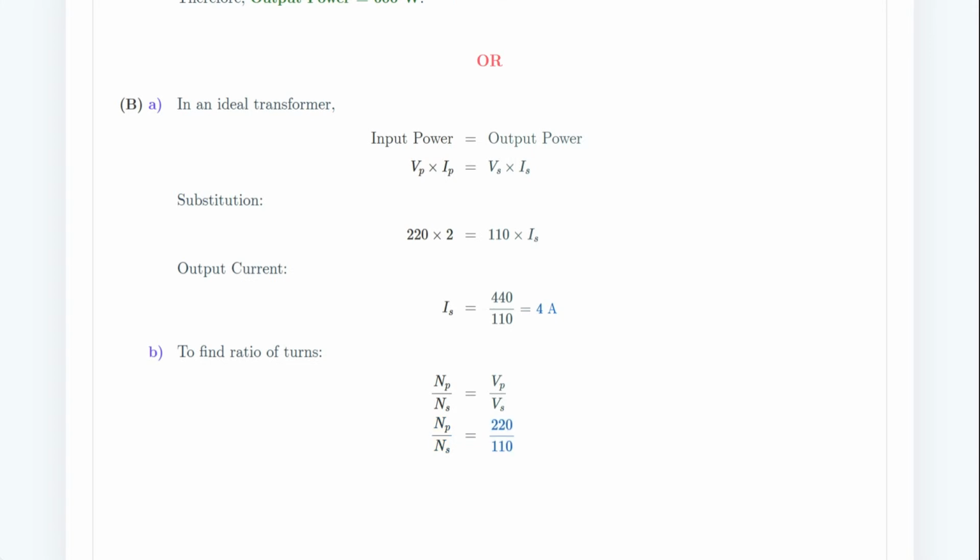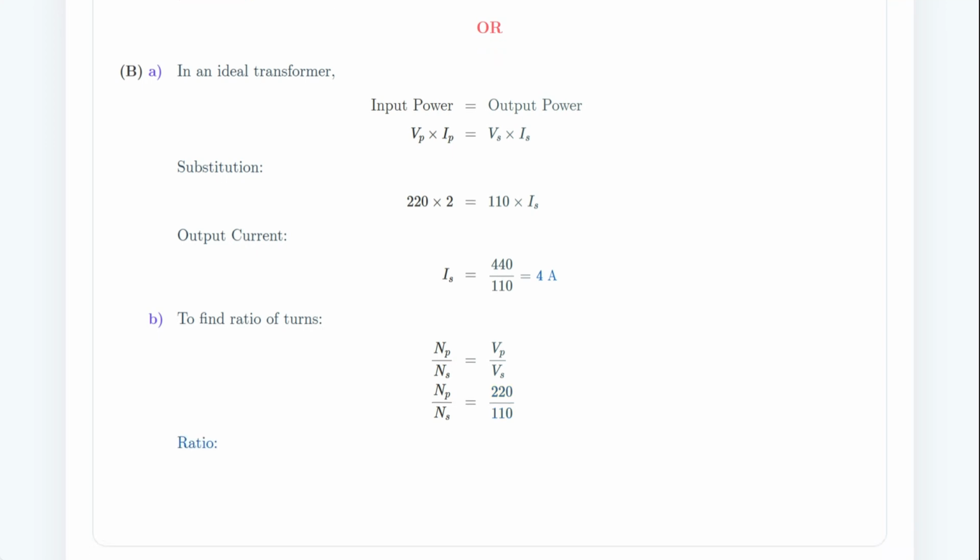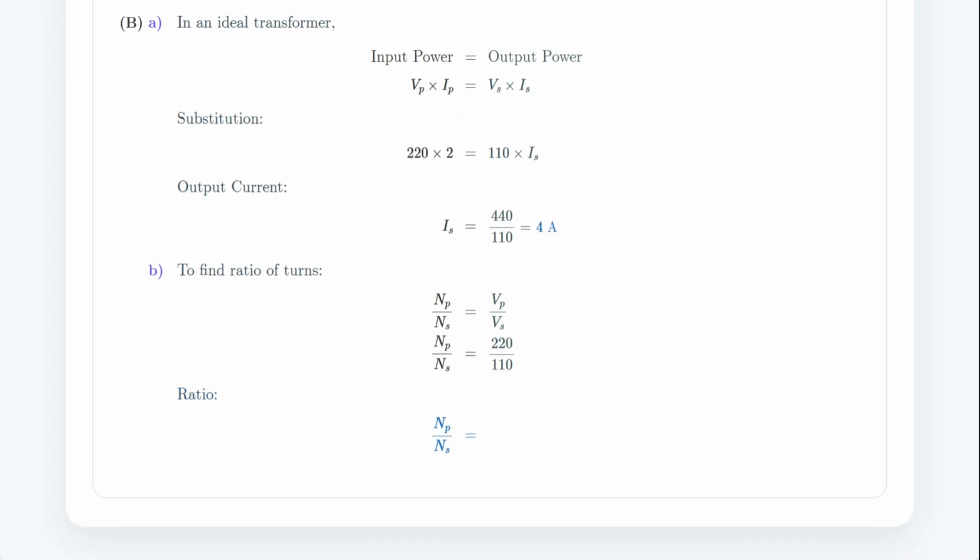That gives us 220 divided by 110. When we simplify this fraction, both divide evenly, giving us a neat ratio of 2:1. That's our answer.